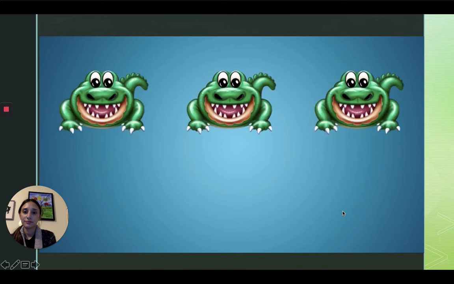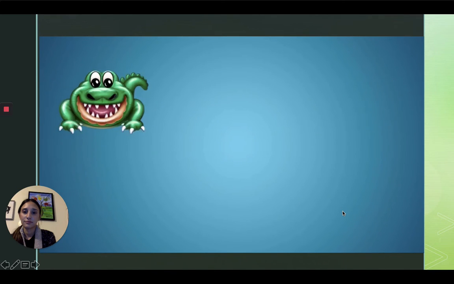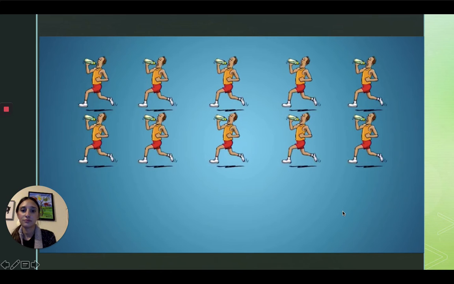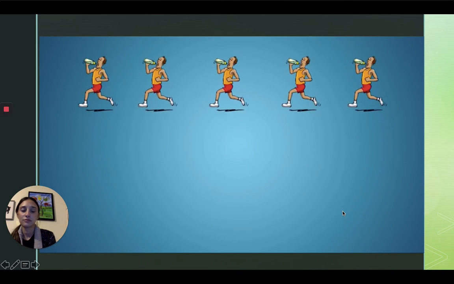3 alligators are swimming in the lake. 2 alligators go on the grass and take a break. How many alligators are swimming in the lake? 3 minus 2 equals 1. 10 fast runners are running in a race. 5 fast runners finish at record pace.